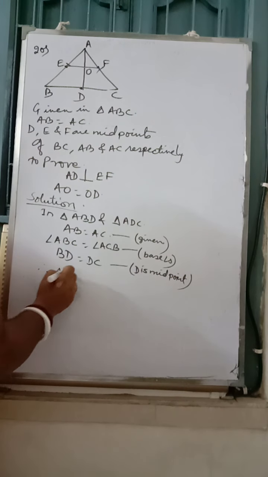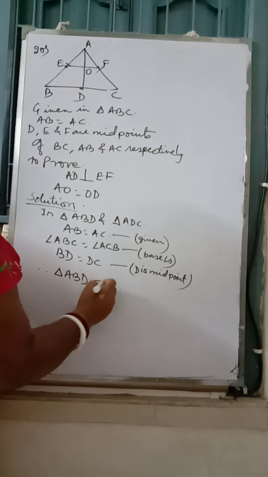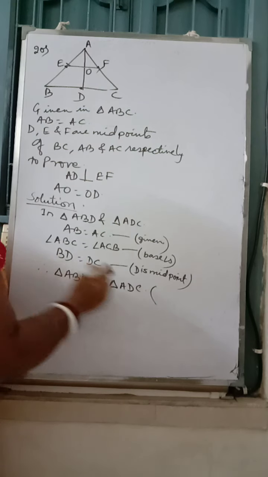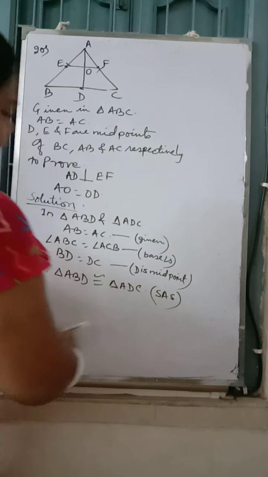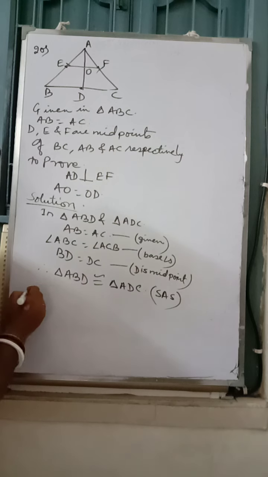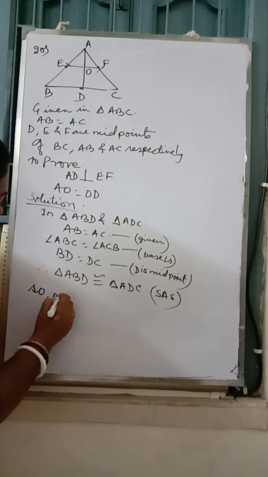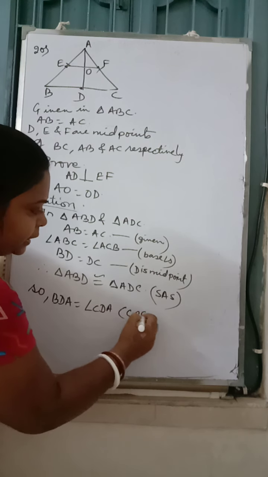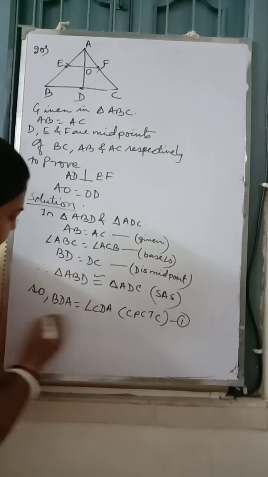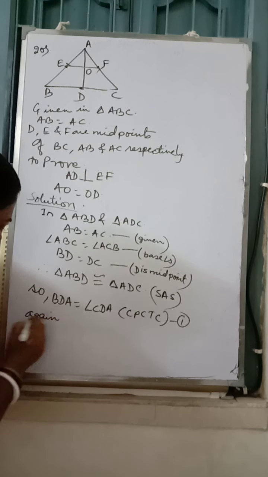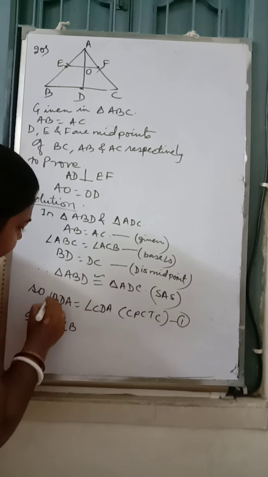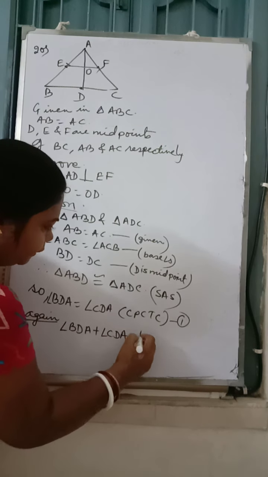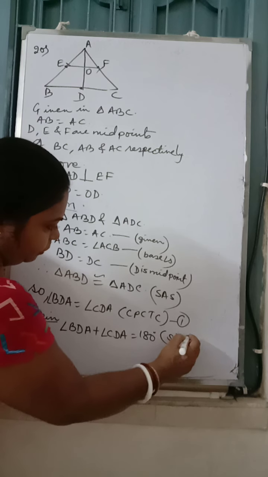So triangle ABD is congruent to triangle ADC by SAS condition. If the triangles are congruent, angle BDA is equal to angle CDA, by CPCT. This is one. Again, angle BDA plus angle CDA is equal to 180 degrees, straight angle they are forming.